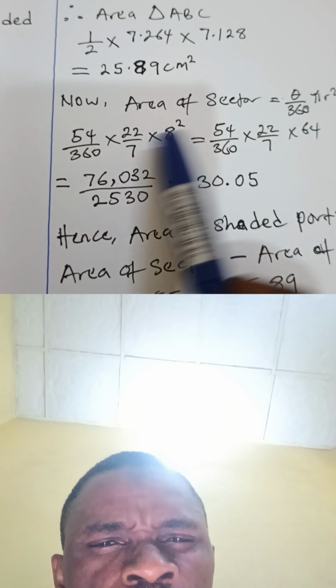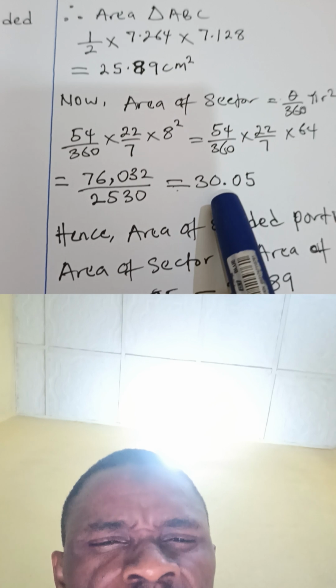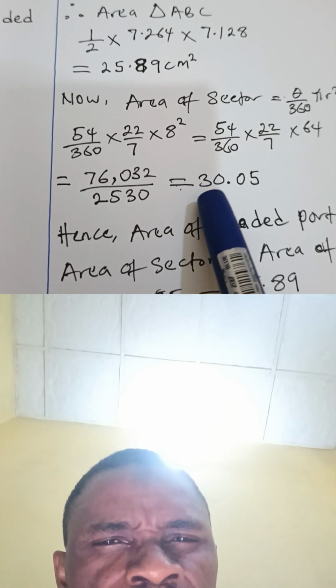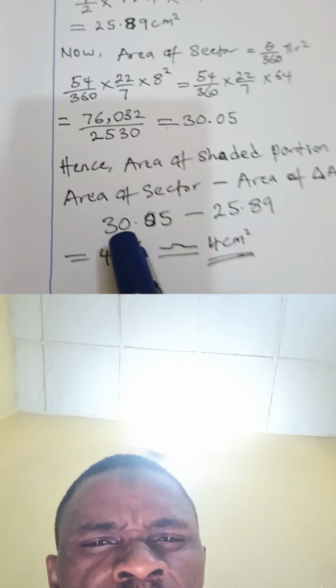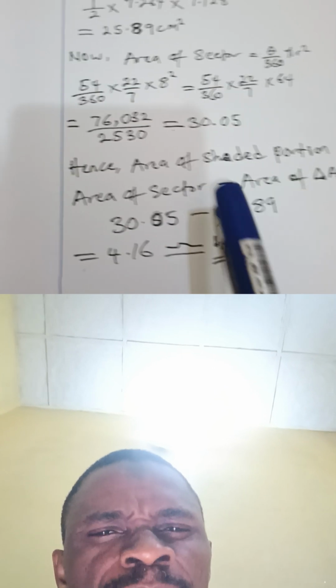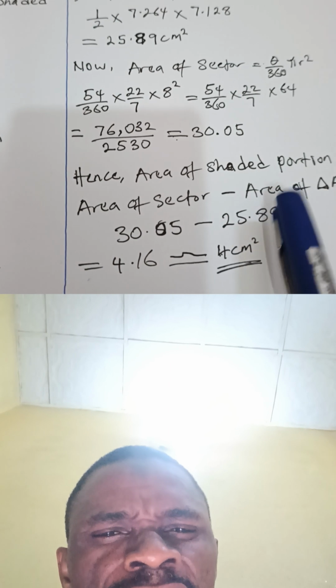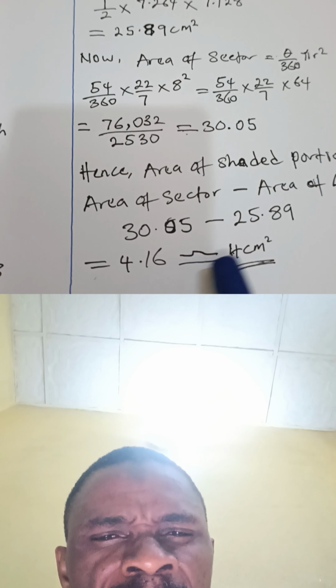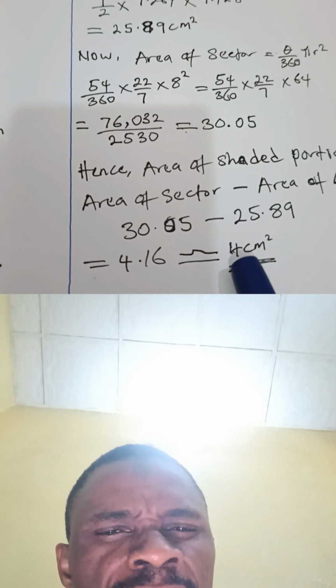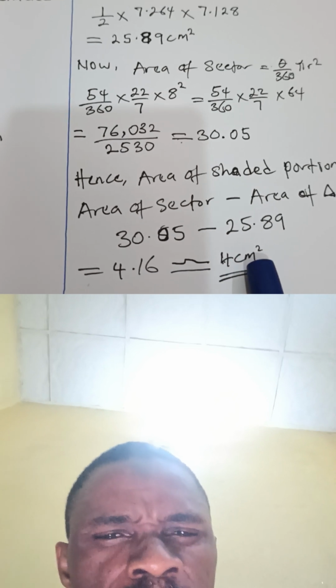I don't want this video to pass 10 minutes. So it will be 30.05. Hence, we find the area of the shaded portion by subtracting the area of the triangle from the area of the sector. So our final answer approximately is 4 centimeter square, and we are done.